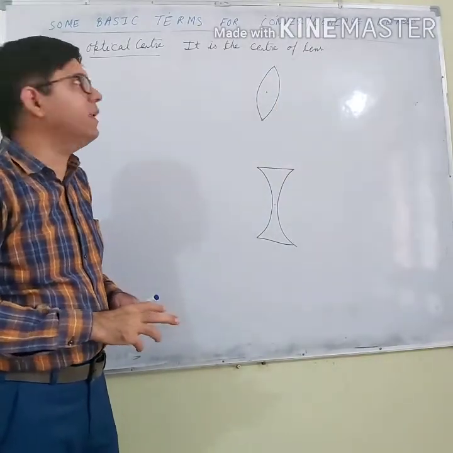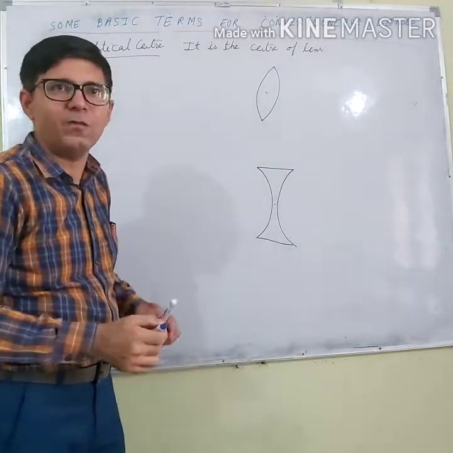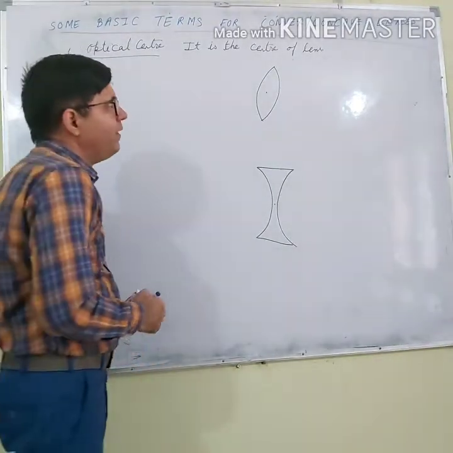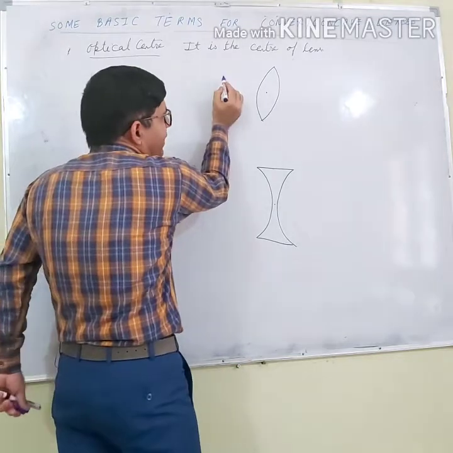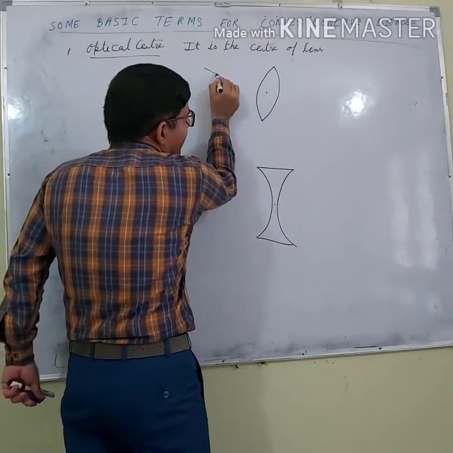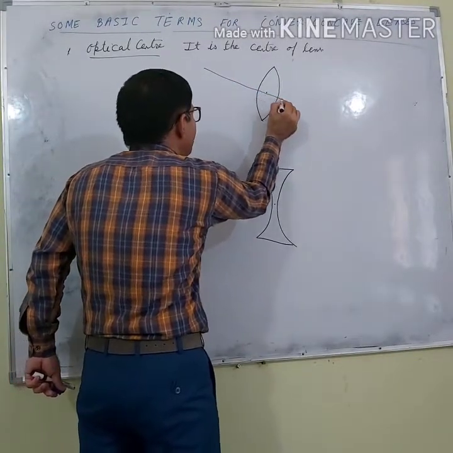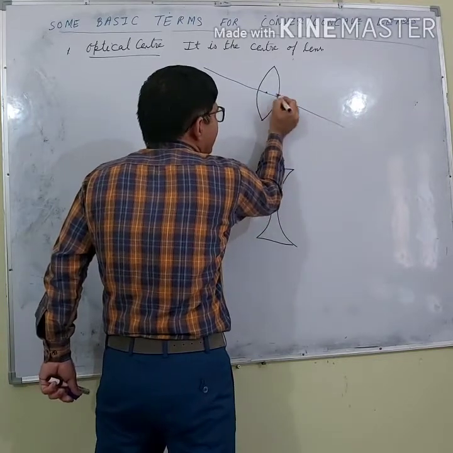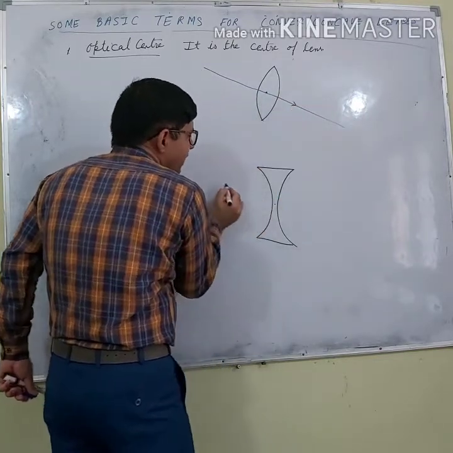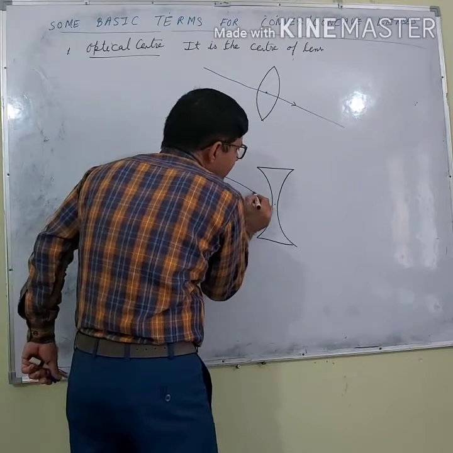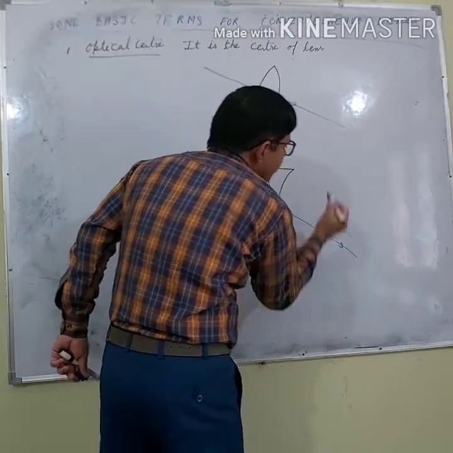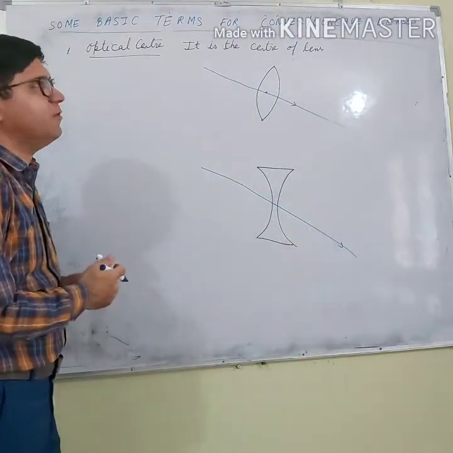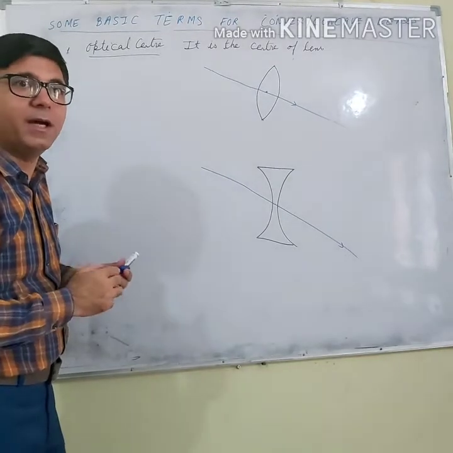So what is the optical center? It is the center of the lens. And what is the speciality of the optical center? Its speciality is that if a ray of light passes through the optical center, no deviation takes place. It passes straight without any deviation.